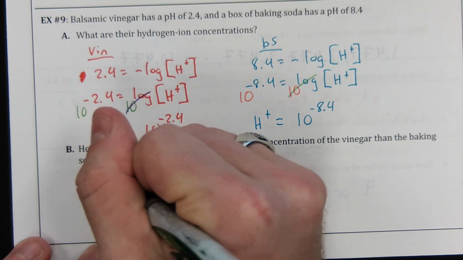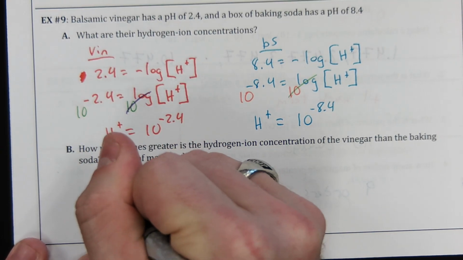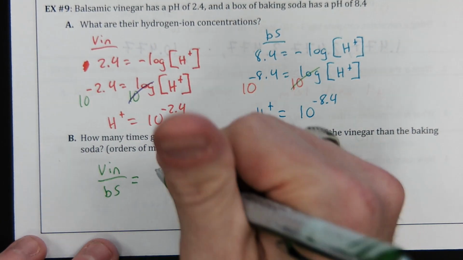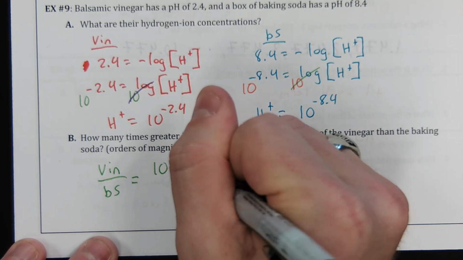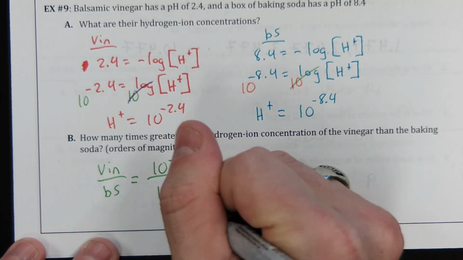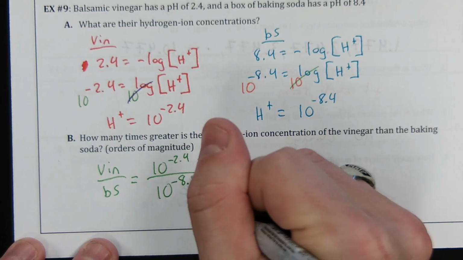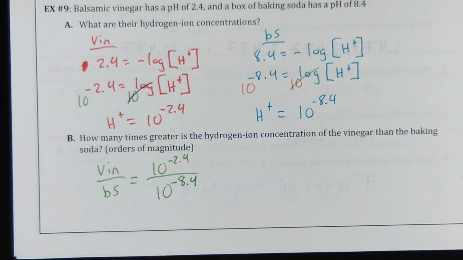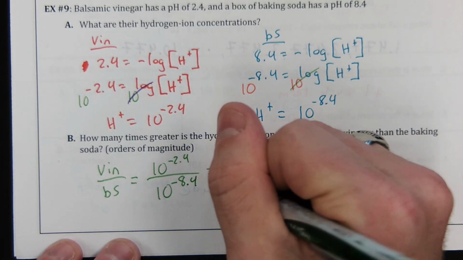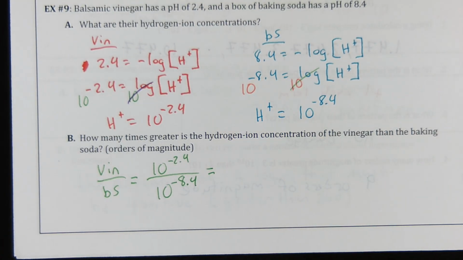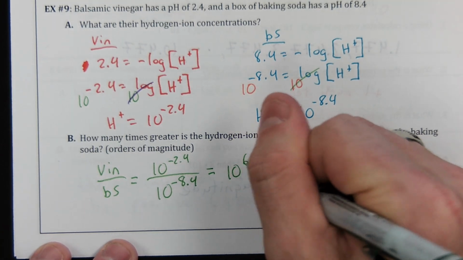Vinegar over baking soda is 10 to the negative 2.4 divided by 10 to the negative 8.4. And anytime you divide two numbers with the same base, you just subtract their exponents. Negative 2.4 is a bigger number than negative 8.4. How much bigger? 6. So this is 10 to the 6.